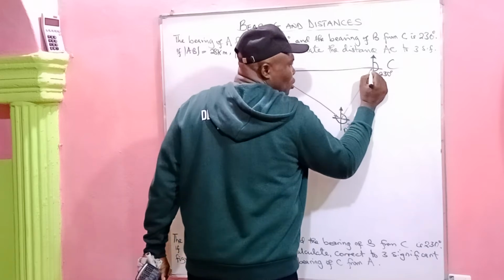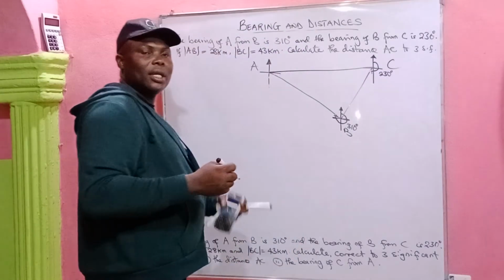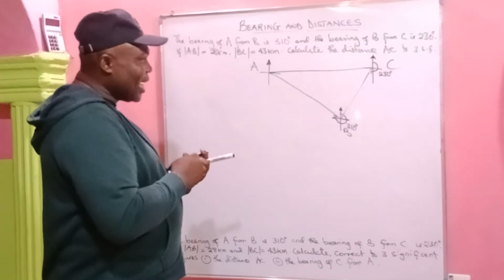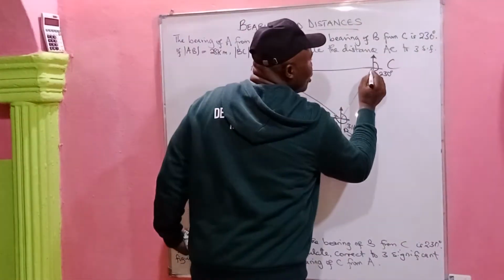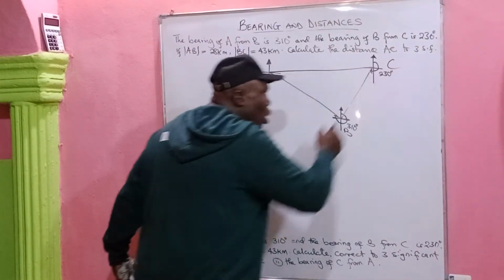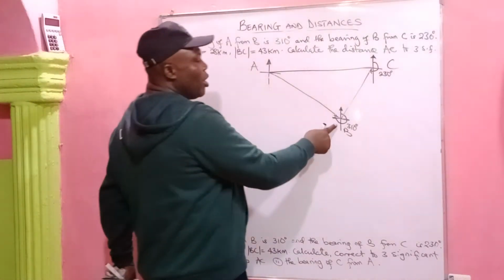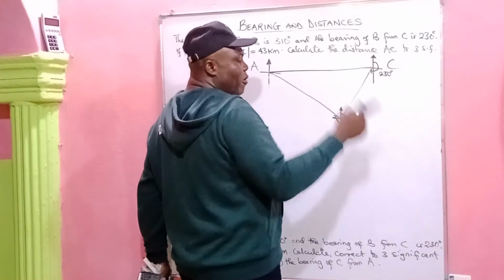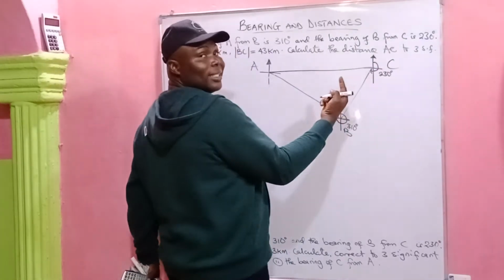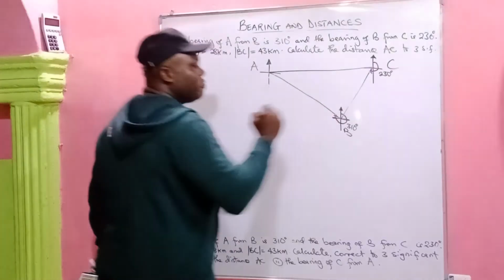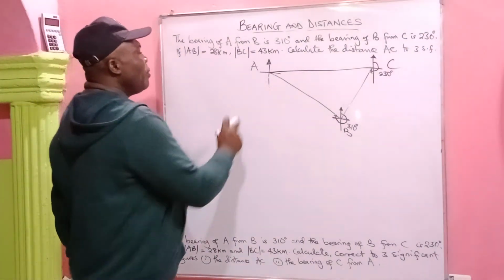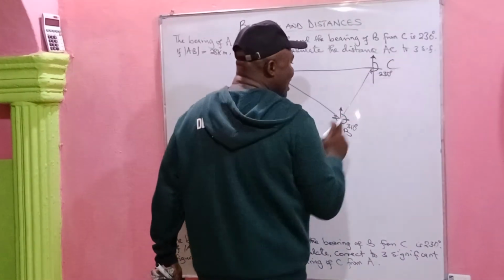So 230 will define where B is, and you've been able to know the locations A, C and B.